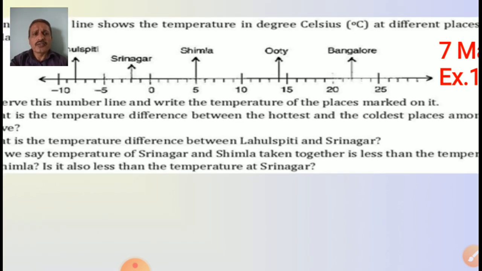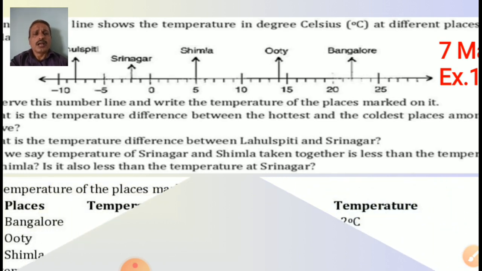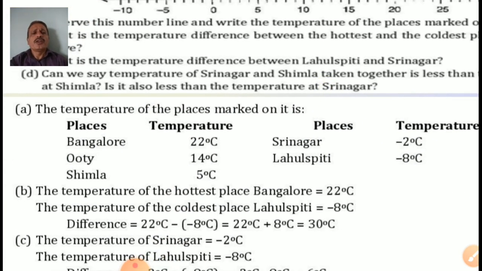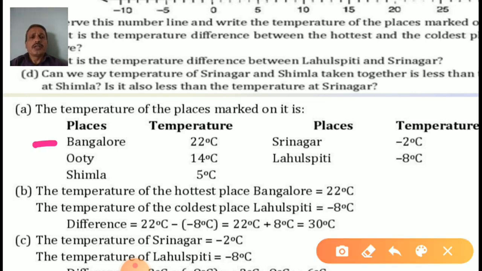Let's check the answers. A. The temperature of the places marked on it: place and temperature. Students, you can make a table like this way: places, and then against them the temperature. Bangalore is showing 22 degrees centigrade.